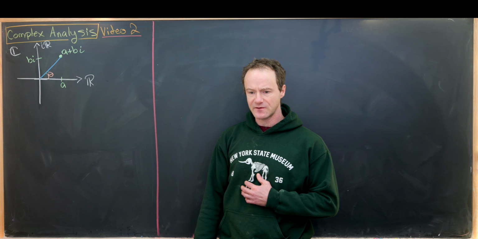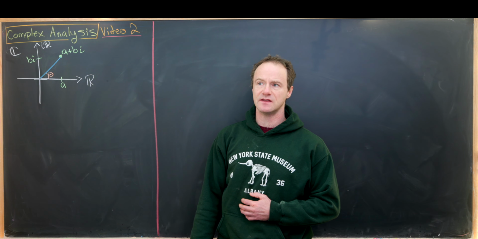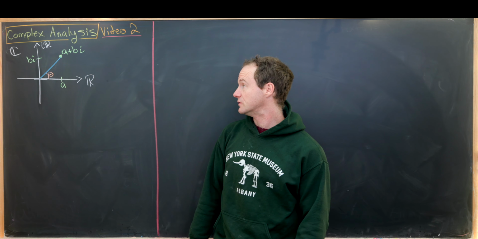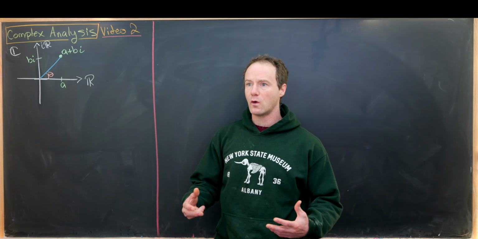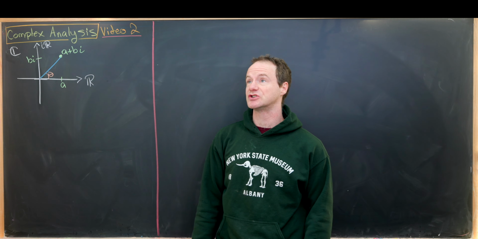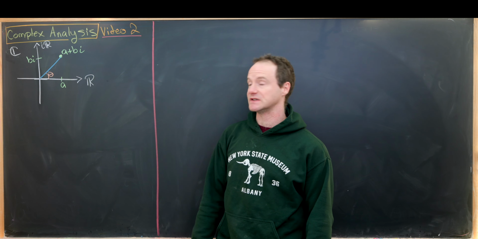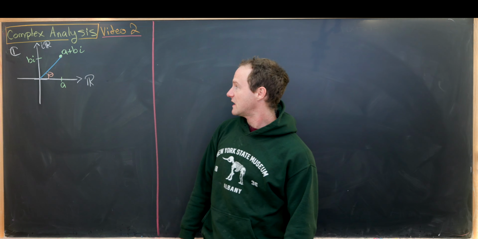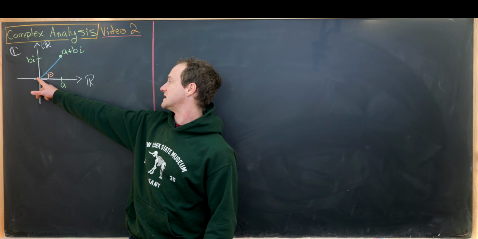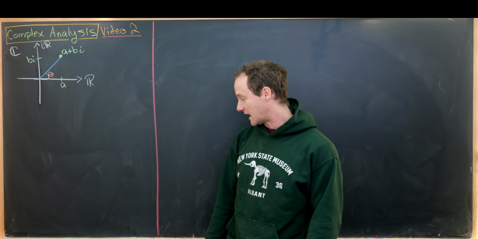Now, if we forget for a minute that we're in the complex plane and instead think that we're just in the real plane R2 and think about polar form of numbers in R2, then that should give us some motivation to hopefully develop something in parallel to that for C. So the way you want to think about it is having a line segment from the origin to this point a plus bi.